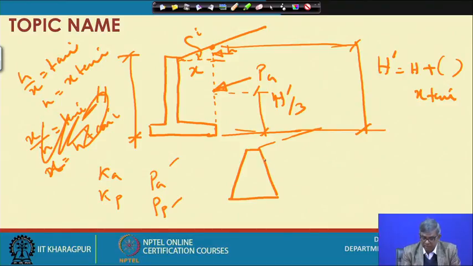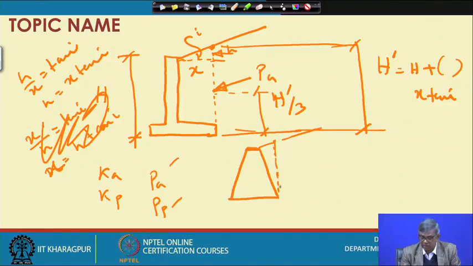Similarly, a gravity retaining wall is sometimes like this. In that case, how to do this? For this case Coulomb's theory is more applicable. But instead of using Coulomb's theory, what can we do?